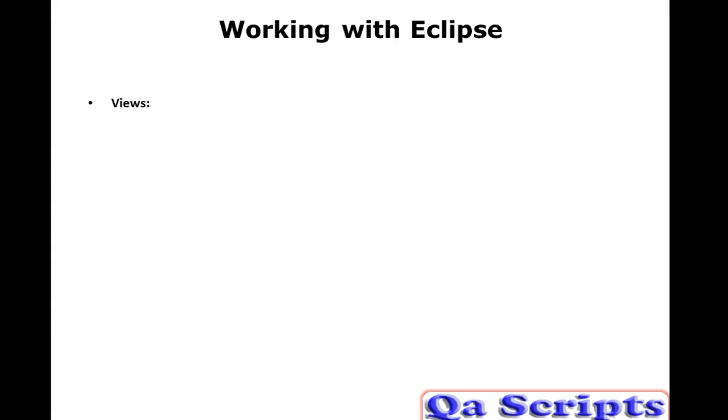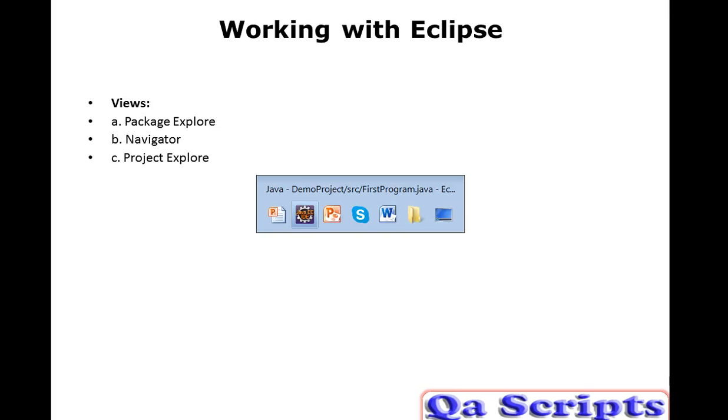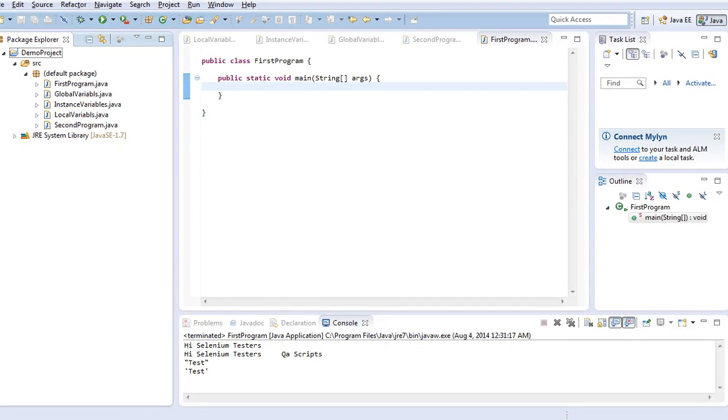We have three familiar and famous views in Eclipse. One is Package Explorer, second one is Navigator, third one is Project Explorer. When you create a project, the Package Explorer will be displayed by default.